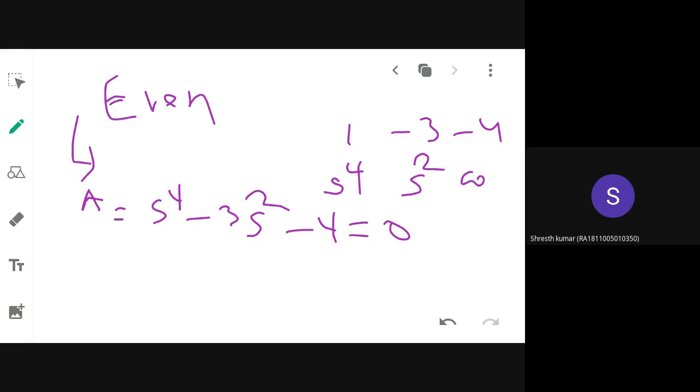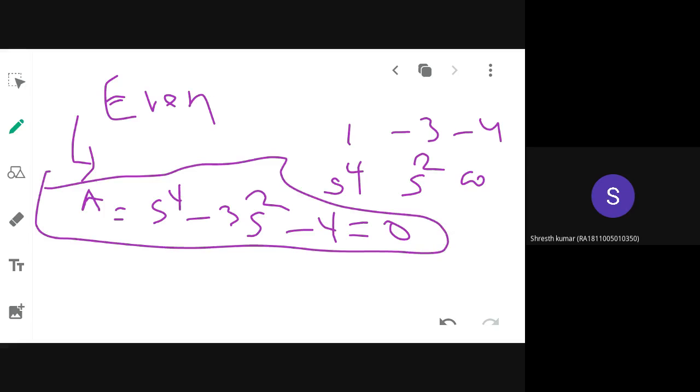Okay. So what will you do next? After identifying the even polynomial, the next step is you need to differentiate that even polynomial with respect to s. So if you differentiate that, what will be the answer? 4s cubed minus 6s. So what are the coefficients here?